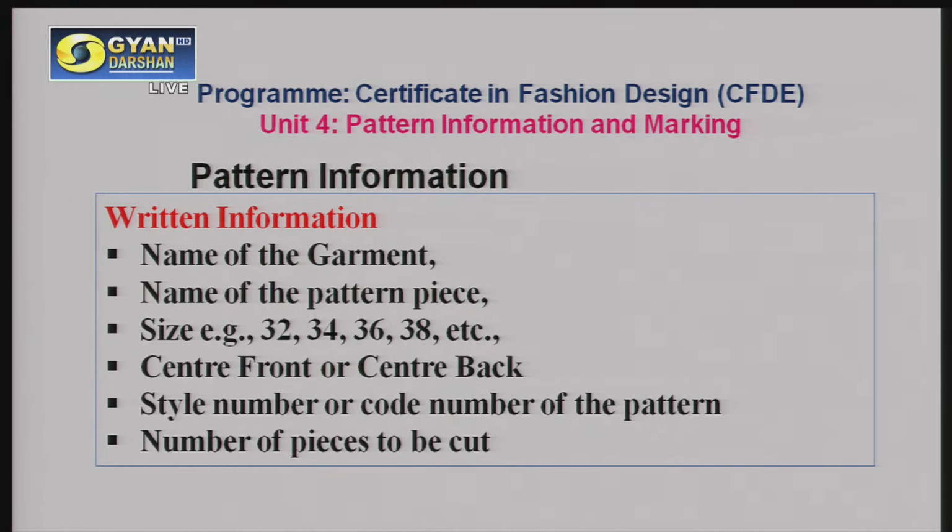First is the written information: the name of the garment, name of the pattern pieces, sizes, which size the pattern is, center front and center back, style number, code number, number of pieces to be cut. All this information is written in written form.